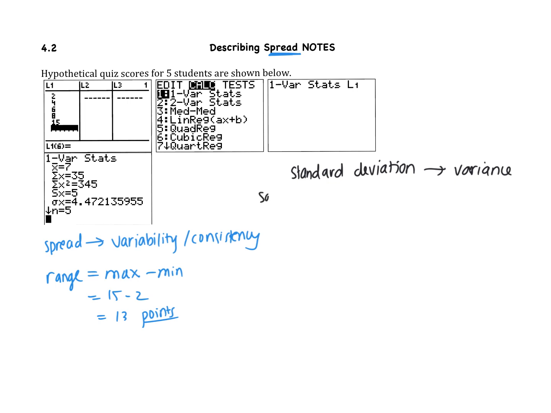Okay, so these are the sample symbols for us. Sample standard deviation is S. When we square that, we get variance, which is S squared. If these numbers come from a population instead, we get that symbol, O with a little tail, and then squared.